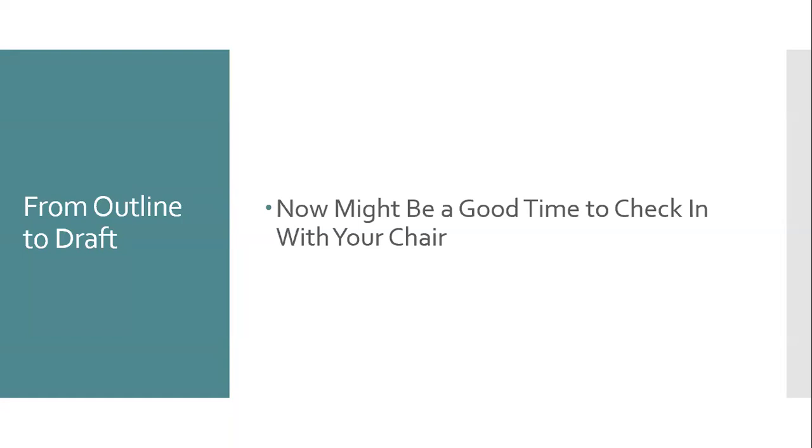This lets your chair see you're making regular progress, and it helps you get feedback quicker, because an outline is easier to provide feedback on than a long, say, 15, 20, 30-page chapter. So you can get some quick feedback to help guide you as you write, and possibly the initial round of edits will already be covered thanks to getting feedback on the outline.